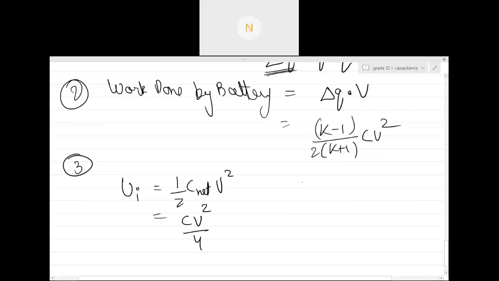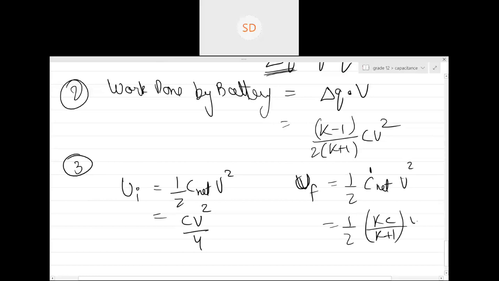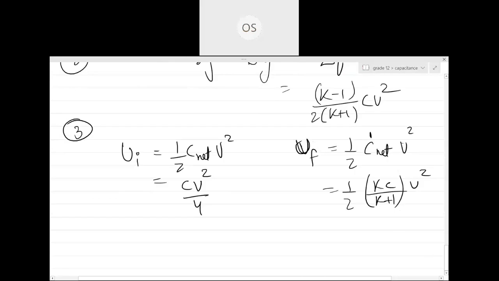Yes, sir. And what is the final energy over here? Half into KC by (K plus 1) into V square. So basically, what is the change in energy?